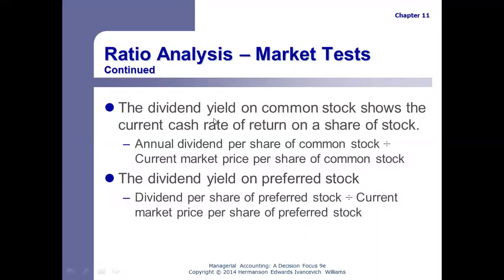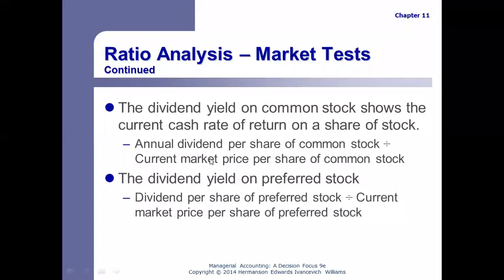Dividend yield is annual dividends per share divided by current market price per share. And that measures how much you are getting back as a return on the money that you invested in your stock. But high dividend yields don't mean it's a good company.